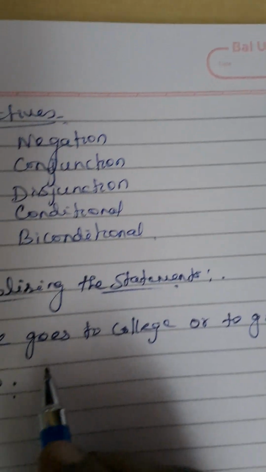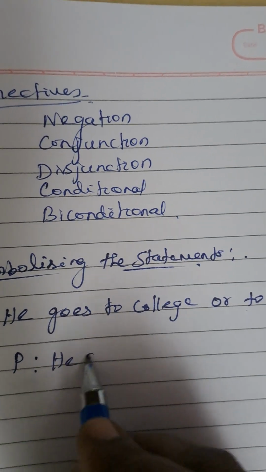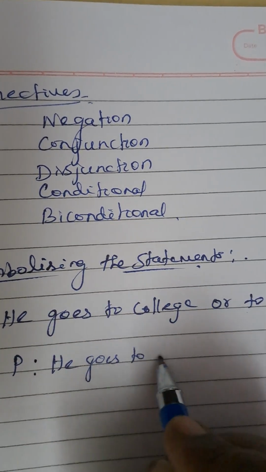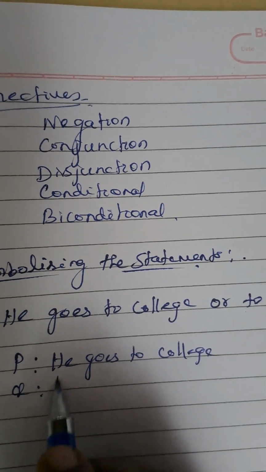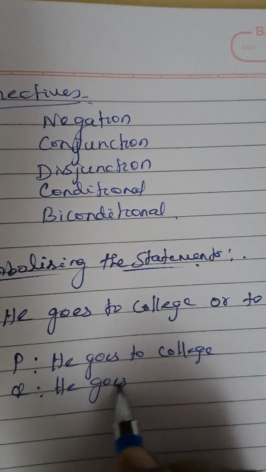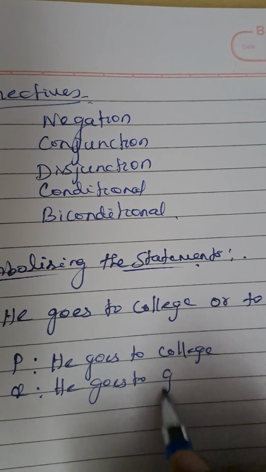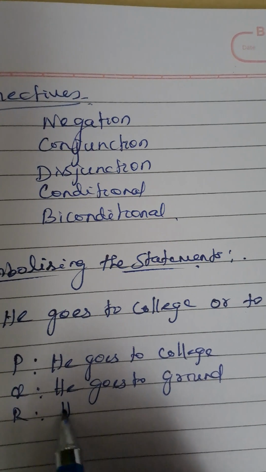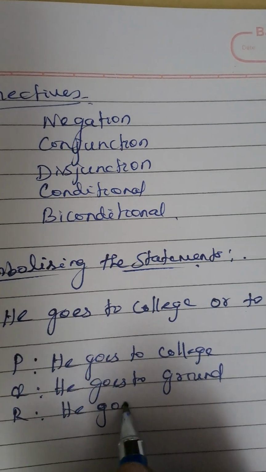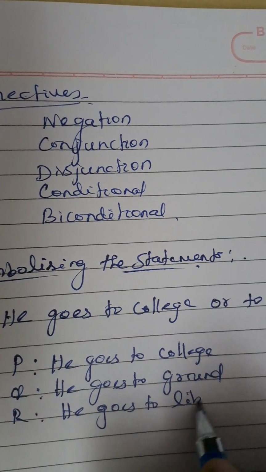So P as he goes to college. Q, he goes to ground. R, he goes to library.